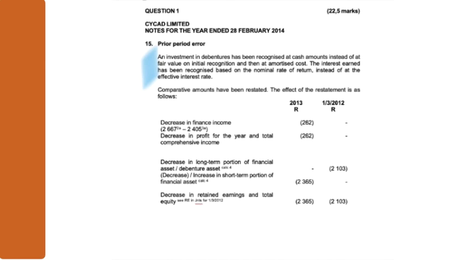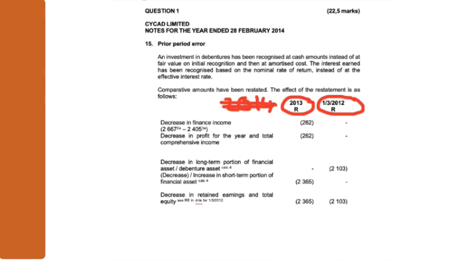The columns you will see in a prior period error note will be the opening balance of your comparative year, then your comparative year, and what you will not see is the current year, in this case 2014. In a prior period error note, you are never allowed to show the current year.